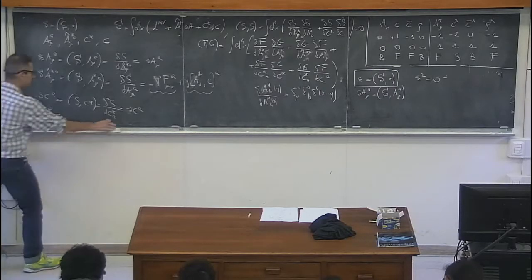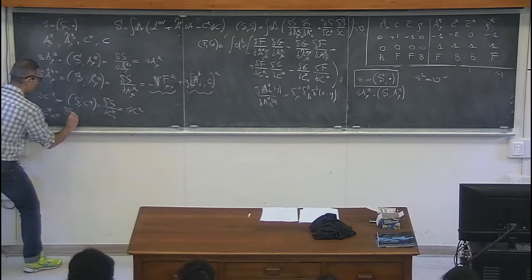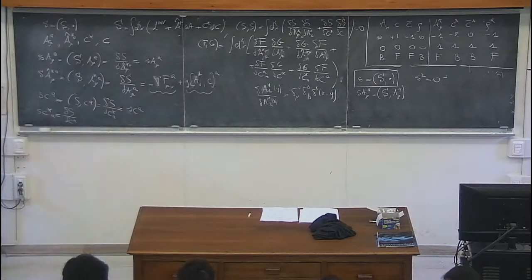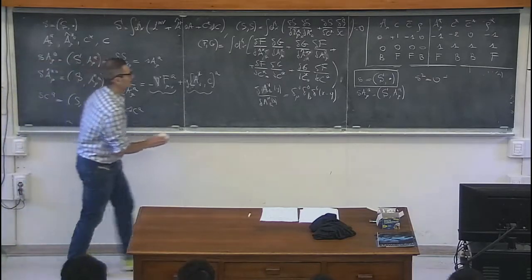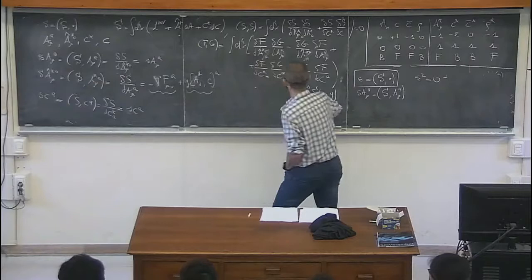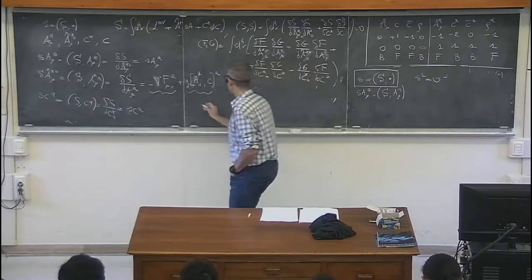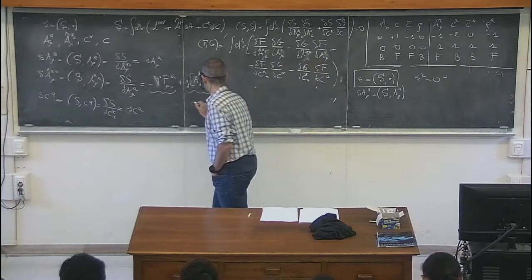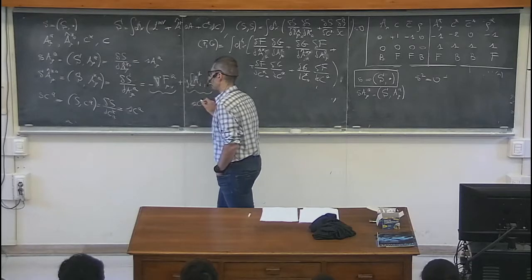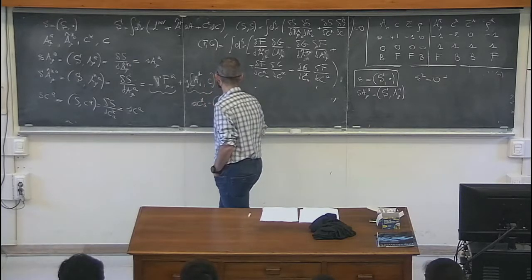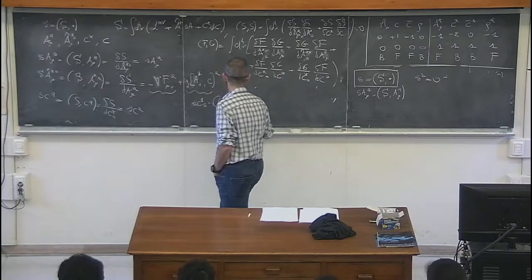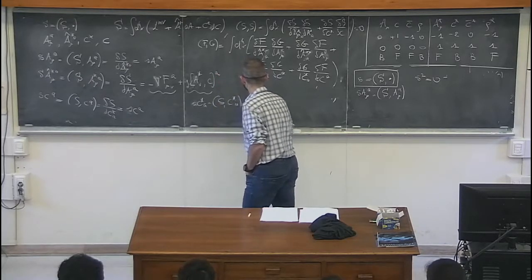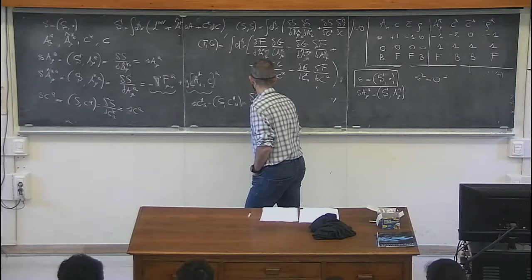And finally, you can calculate it with this S of C star a. Again, you do the calculation. You find out that this is the variation of S with respect to C a. I am going to write it down in a better place here. So S of C star a, which is just S acting on C star a, gives you the variation of the action with respect to C a.